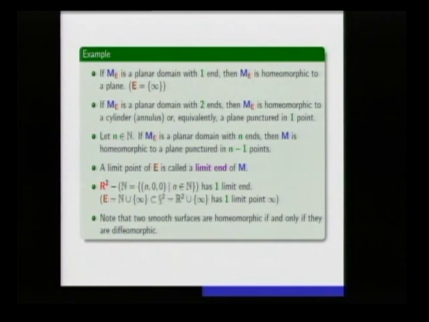You're an annulus. You are a punctured plane. Okay, so those are also some language we have. If you have a finite number of ends, n, that's the same thing as taking the two-sphere and removing n points. That's all you have. Like a cylinder: remove 2 points, or a plane: remove 1 point, in general n minus 1 points for a plane with n ends.